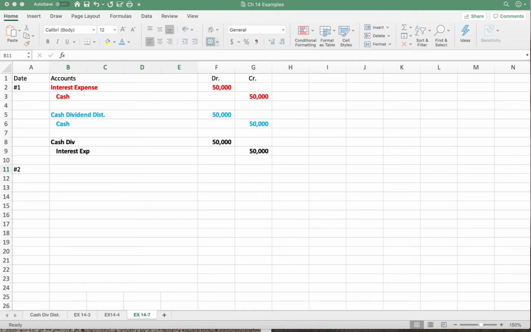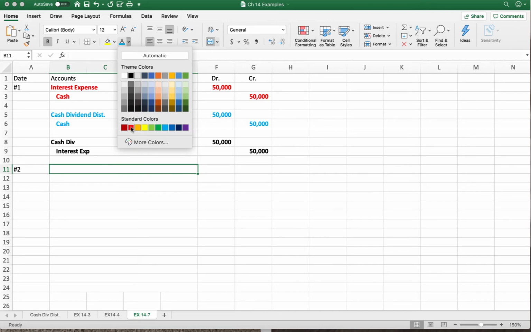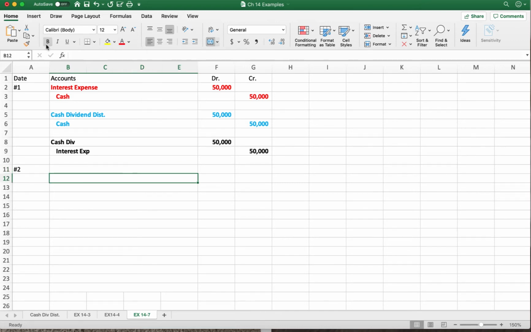Okay, so what we need to do is to fix this, right? So here's what we're going to do. We're going to, in red, book what the problem said we did.